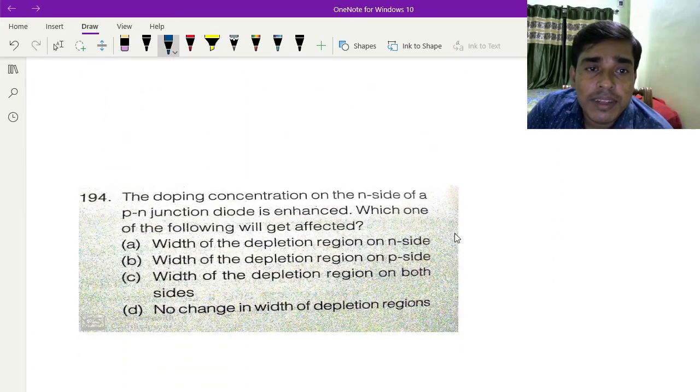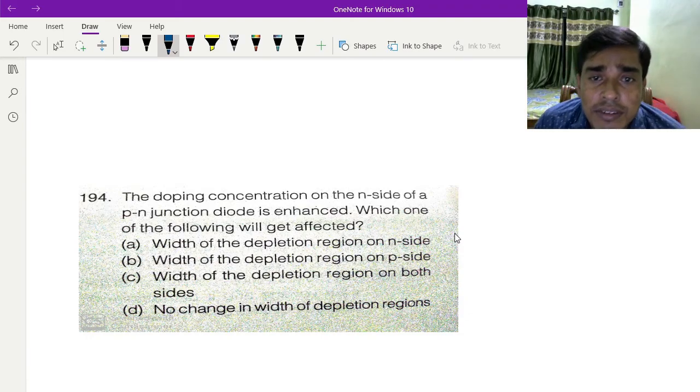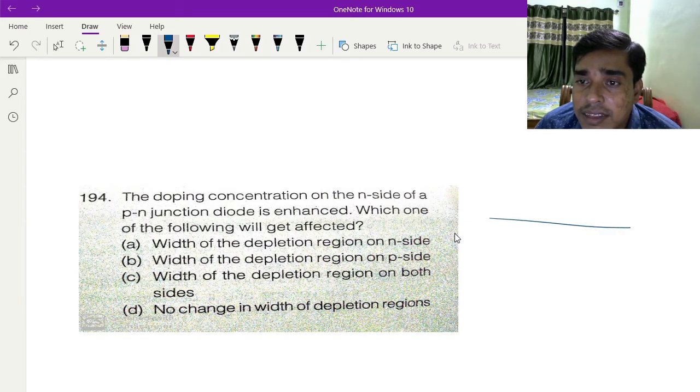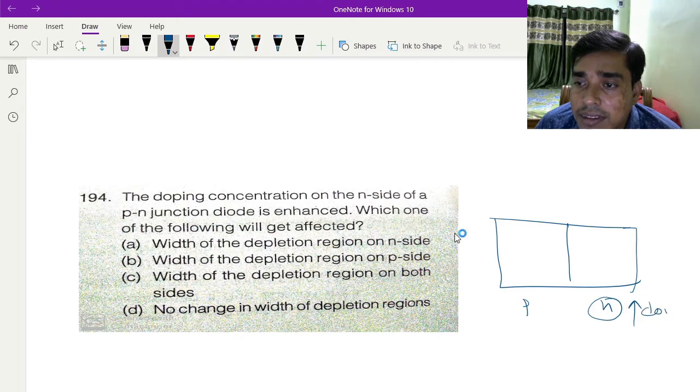Okay. The next problem: the doping concentration on the N side of a PN junction is enhanced. That means this is a PN junction, so this is P, this is N. So the N side doping is increasing.